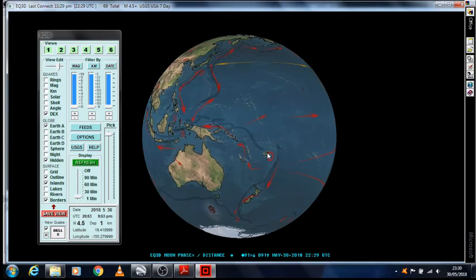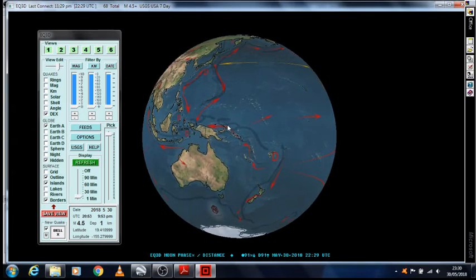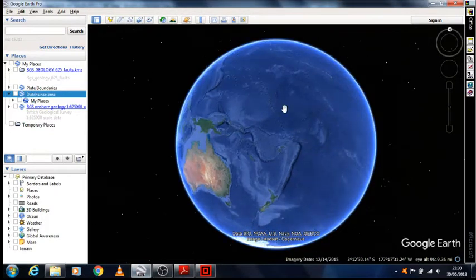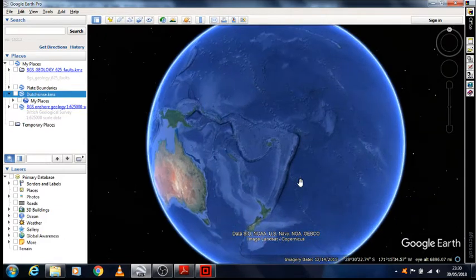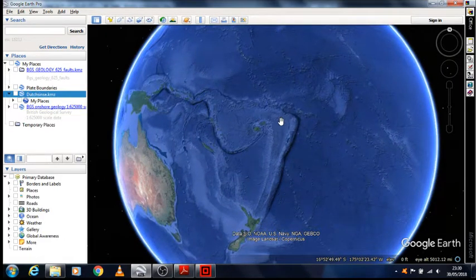Okay, so here's Fiji. Now we're going to look at the globe without any arrows. Here we go, a beautiful planet without clutter. So here's Fiji. We have our D here, and we've got these very clear ridges and things.